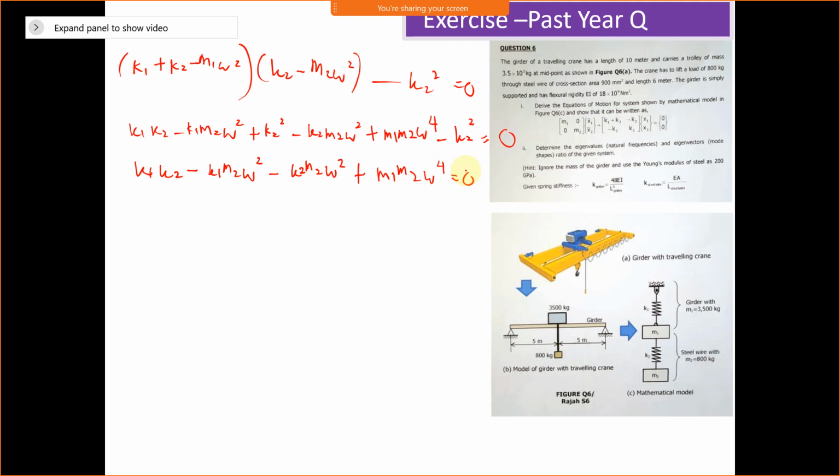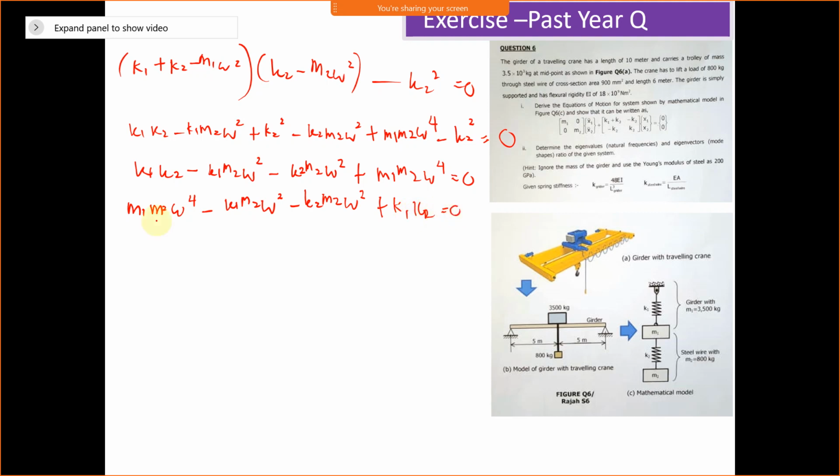Okay, so then we have M1 M2 omega to the power 4 minus K1 M2 omega square minus K2 M2 omega square plus K1 K2 equals to 0.